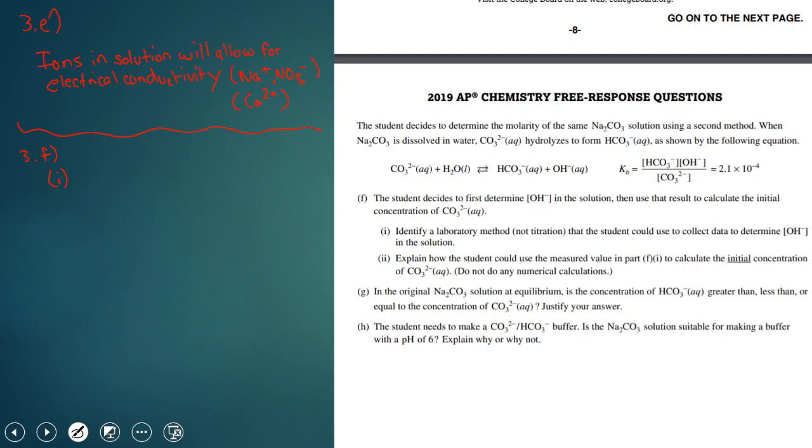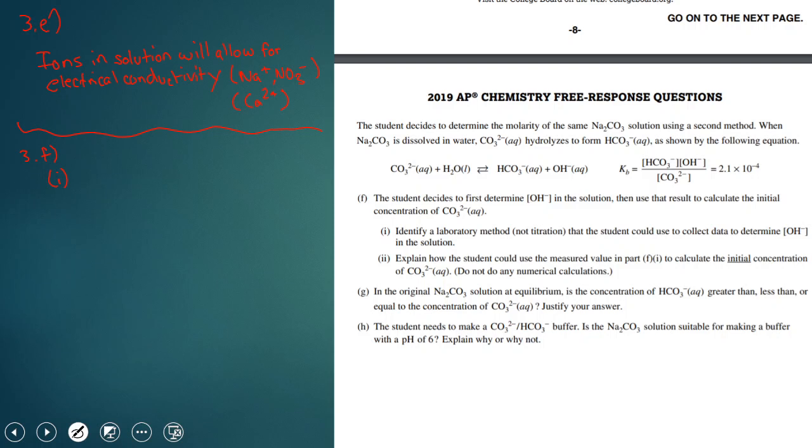In this case we're using our sodium carbonate and adding it to water in order to get the hydrogen carbonate, or bicarbonate ion, and then a hydroxide ion. And then we're given a Kb expression, and its value is 2.1 times 10 to the negative 4. We want to try and find the OH− in the solution. So identify a laboratory method, not titration, that the student could use to collect data to determine our hydroxide concentration.